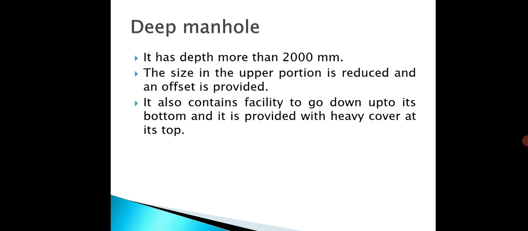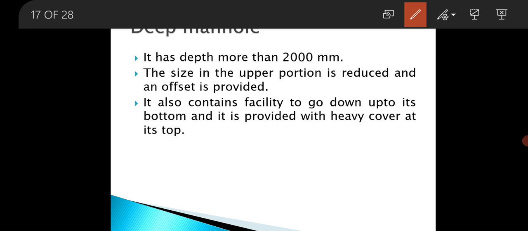Third one is deep manhole. So deep manhole has depth more than 2000 mm or 2 meters, and here the size of the upper portion is reduced and an offset is generally provided so as to increase the bottom portion.